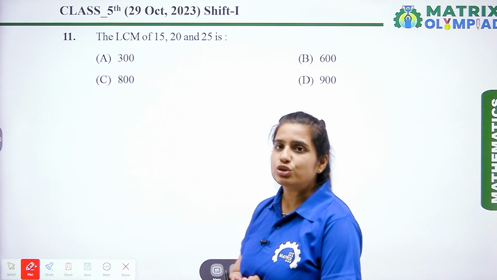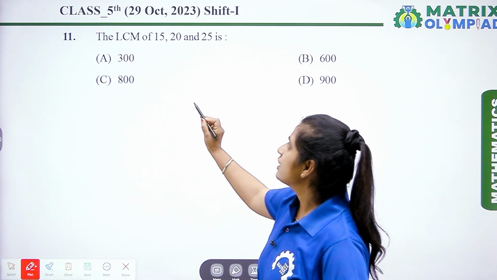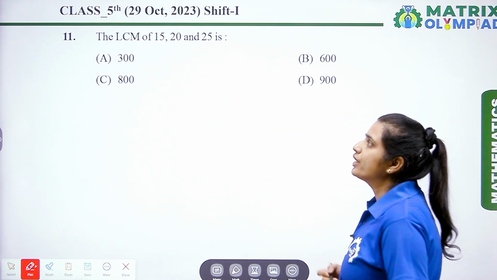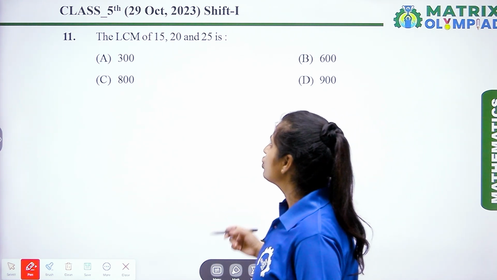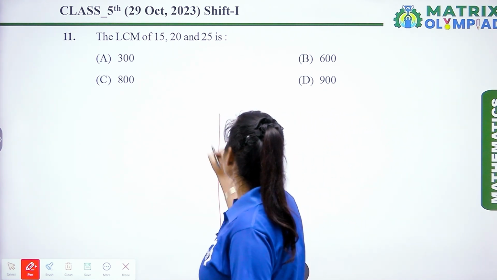Now, the next question is question number 11. The LCM of 15, 20 and 25 is. So here we have to find out the LCM.